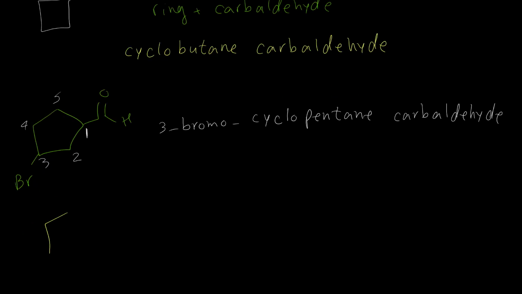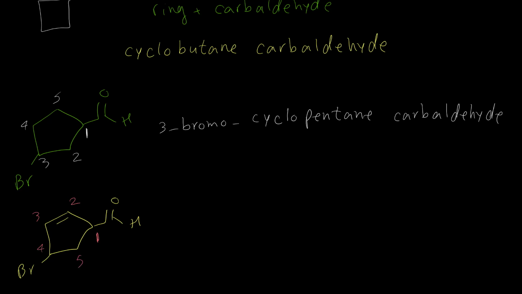Let's have another example which is similar to this molecule, but it has one double bond. So again, carbon 1 should be this carbon which is attached to the aldehyde functional group. But we should go from this side to put numbers 2 and 3 because we are closer to the next functional group. Then 4 and 5.